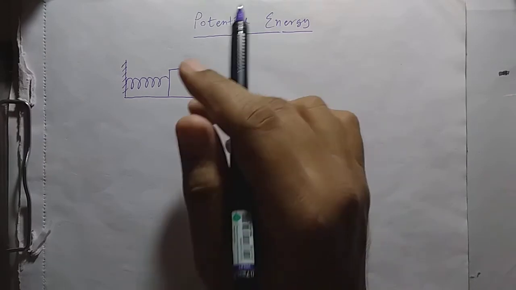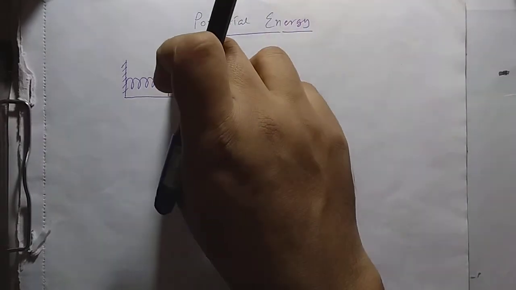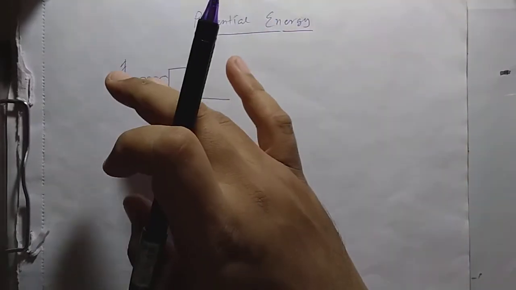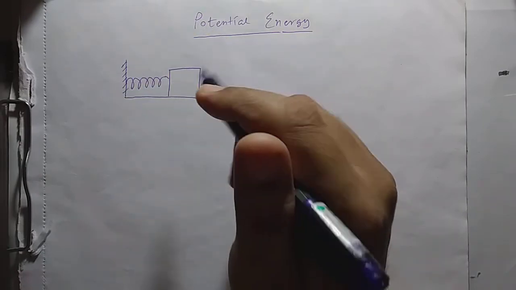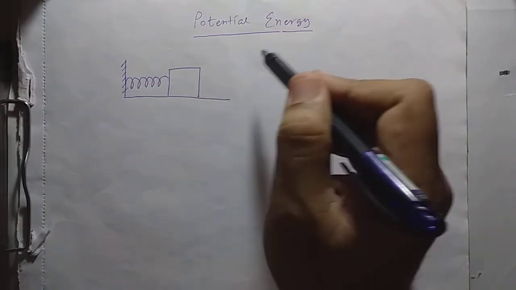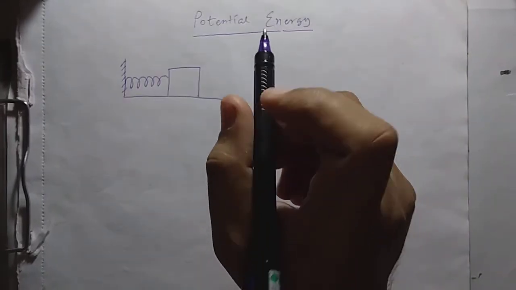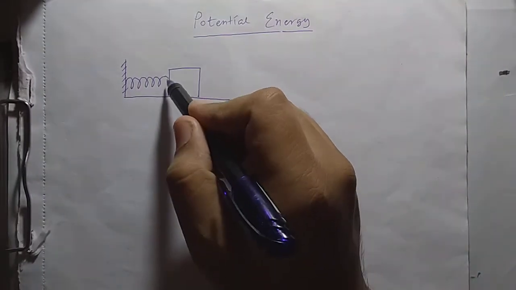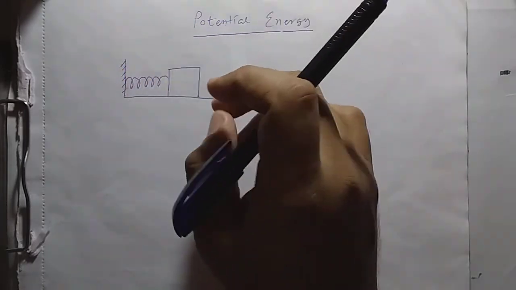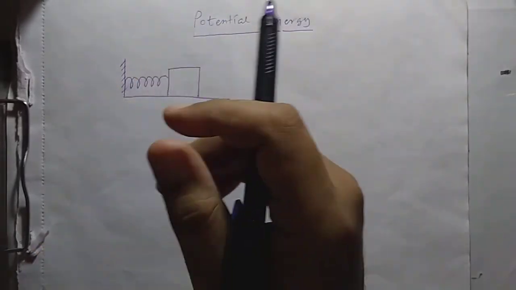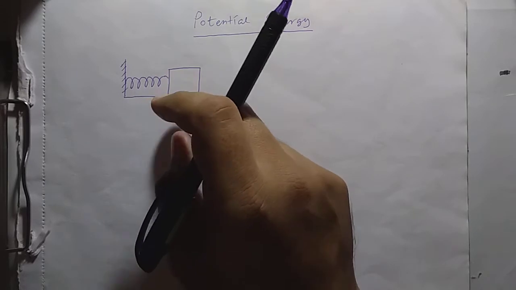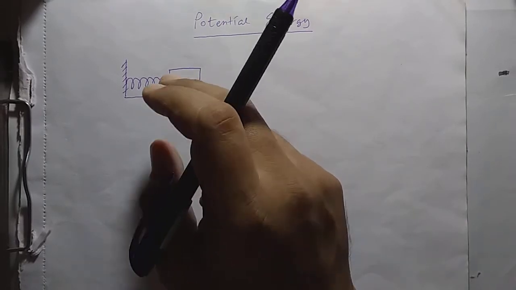Now if I pull the block in this direction, then something will be stored inside, and that will pull the block in the opposite direction. In the neutral condition, when I'm not applying any force, there will be no force applied on this block.